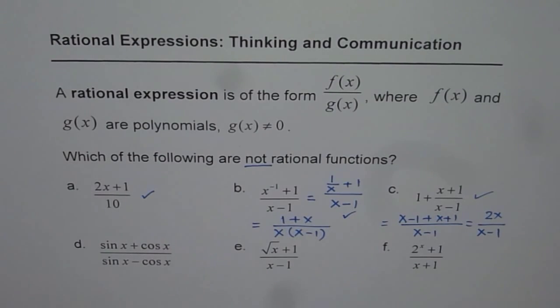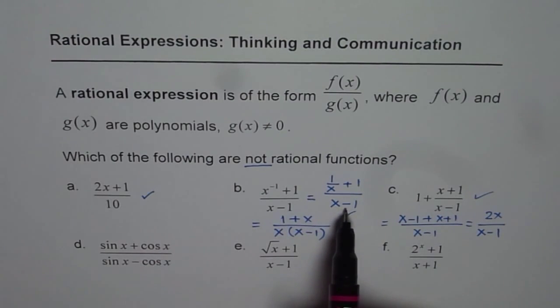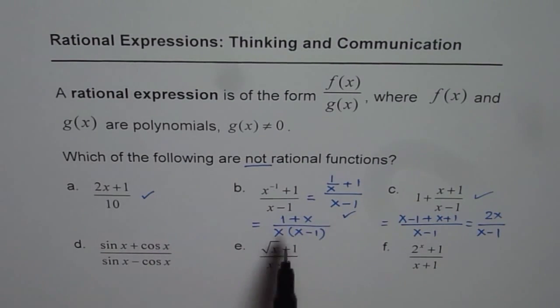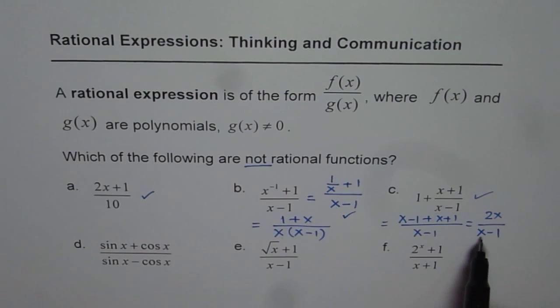Let me elaborate: the restriction on the first function is that x is not equal to 0 and x is not equal to 1, right? These are the two restrictions, because 0 will make the term x as 0. So these two factors are in the denominator, they should not be 0. And here x cannot be equal to 1. So these are the restrictions, but the first three are rational expressions.